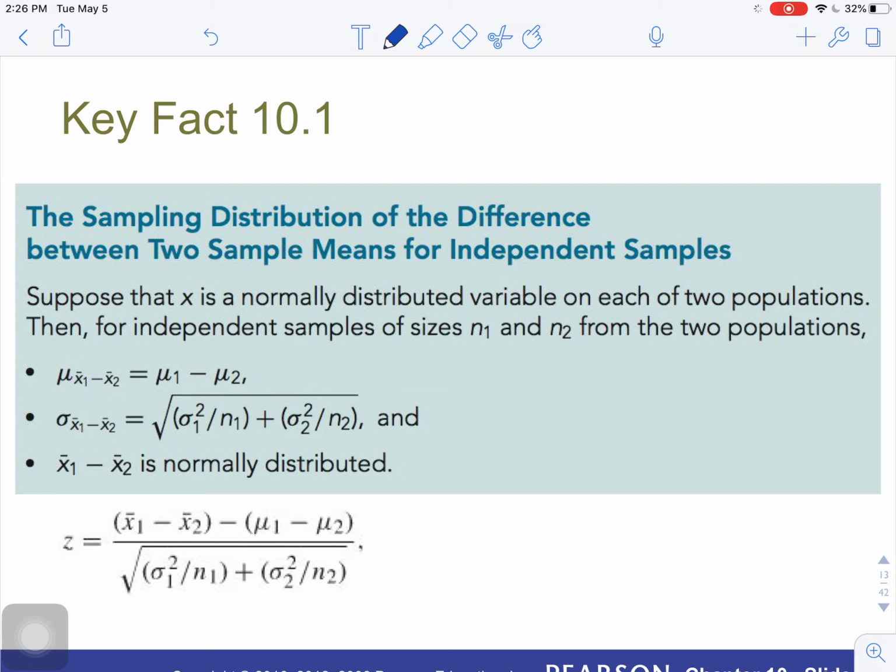You do have a question on your assessment for chapters 10 and 11, or I'm sorry, is it chapters 10 and 11 or 9 and 10? 9 and 10. Right here, you're going to actually find the difference between the 2 means.